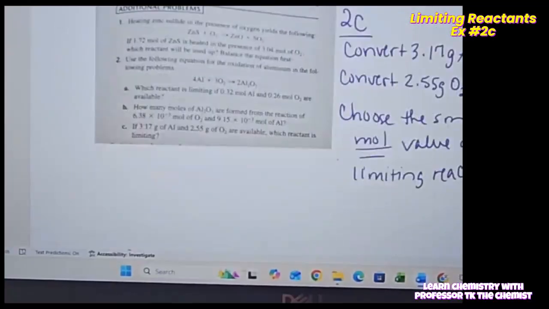All right. So let me also say this too. You do not need the balanced equation part for this because you're only doing one step here. So for this first one, I'm going to take the 3.17 grams of aluminum, and I'm going to convert that to a mole. 1 mole of aluminum equals the molar mass.